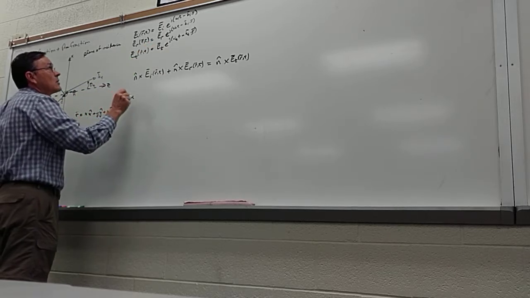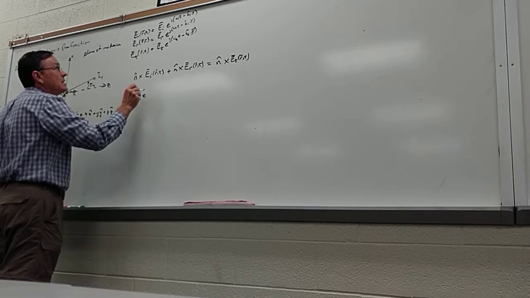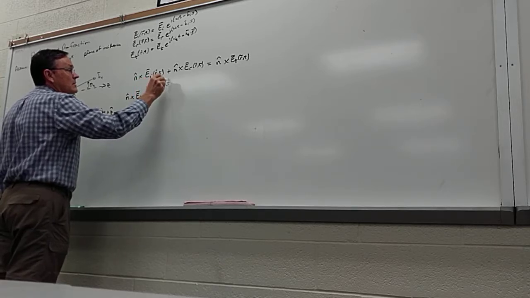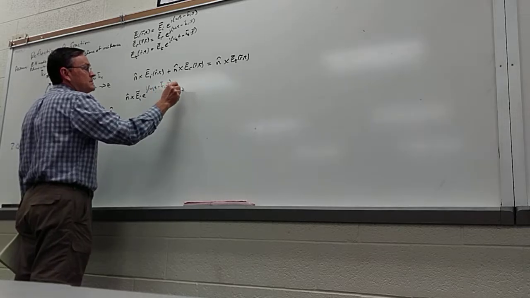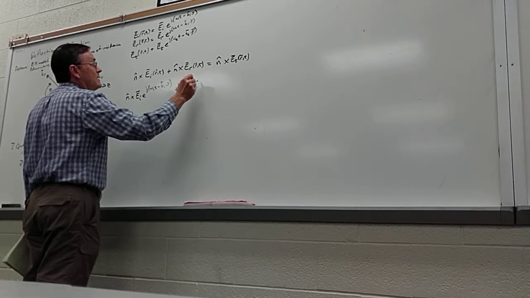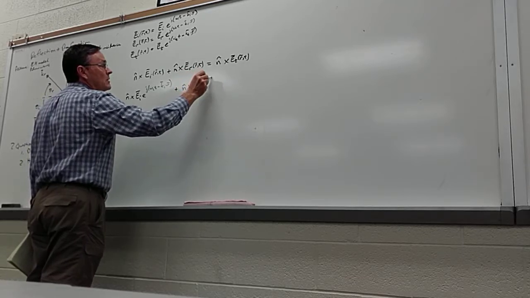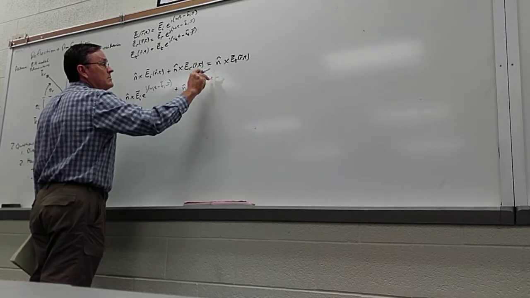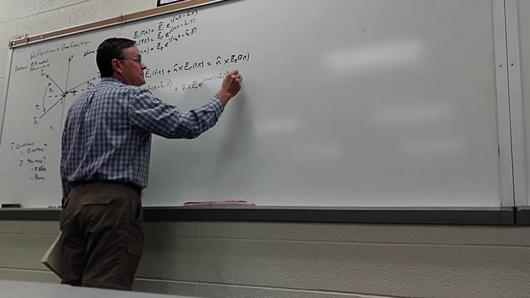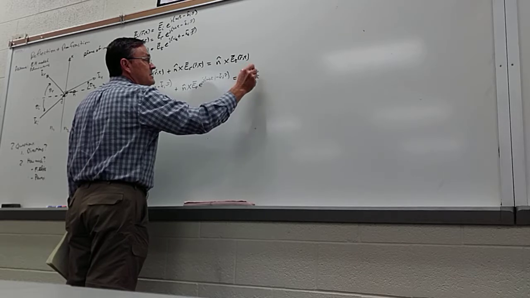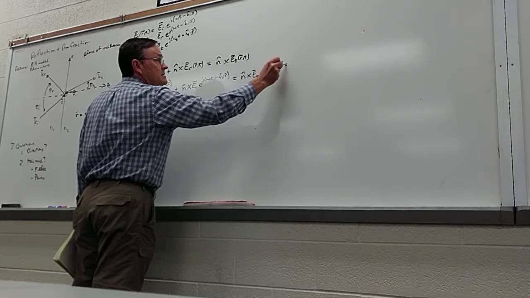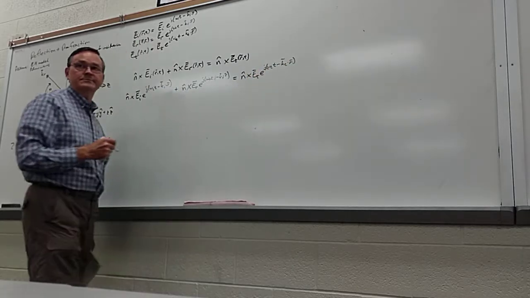So we have n hat crossed into E sub i, e to the j, omega_i t minus k_i dot r, plus n hat cross E sub r, e to the j, omega_r t minus k_r dot r, and all of that has to be equal to n hat cross E sub t, e to the j, omega_t t minus k_t dot r.